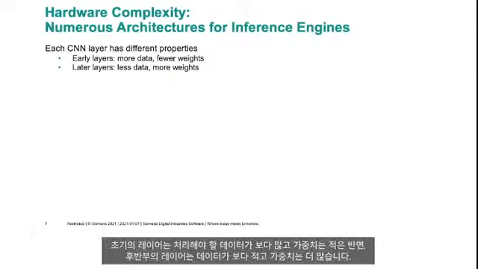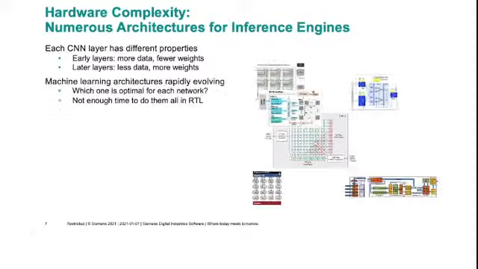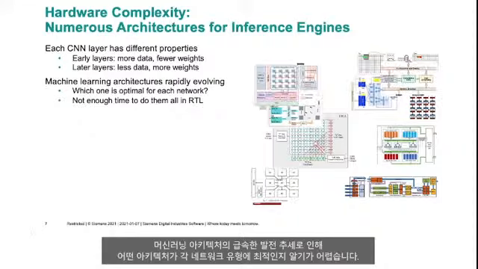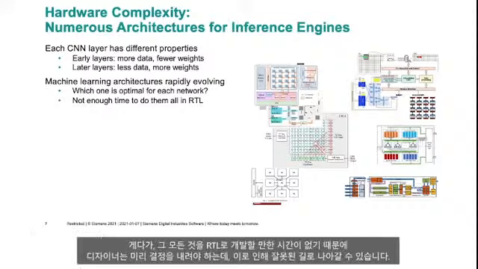For the early layers, there's more data that needs to be processed and fewer weights, and for the later layers, there's less data and more weights. Machine learning architectures are rapidly evolving, and it's hard to know which one is optimal for each type of network. Furthermore, there's not enough time to build them all in RTL, so designers have to make a decision up front that may lead them down the wrong path.